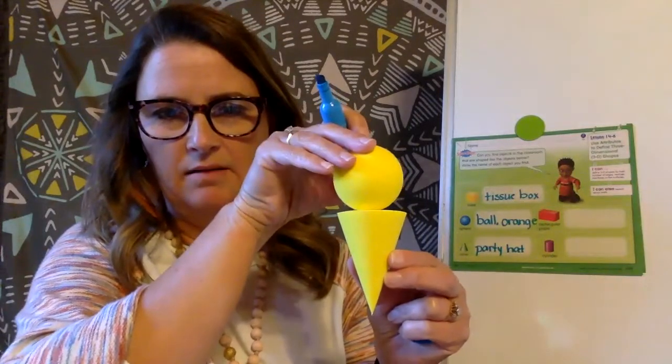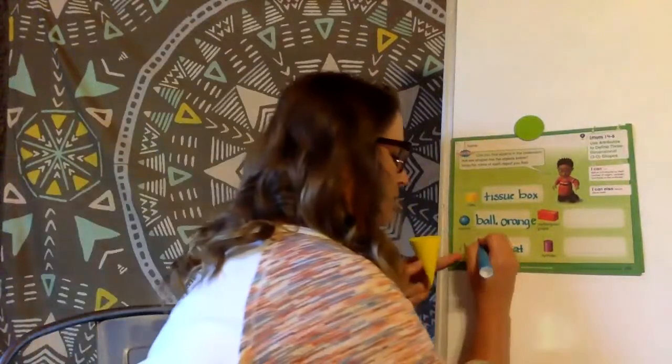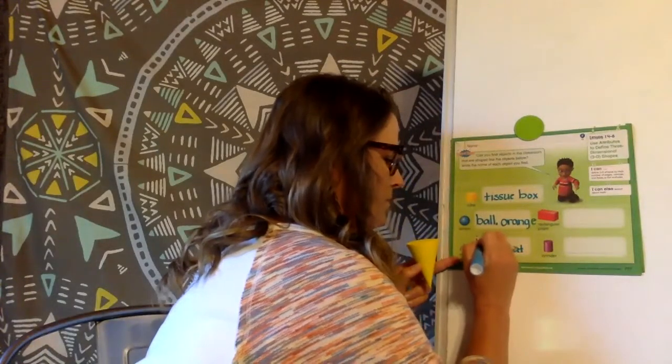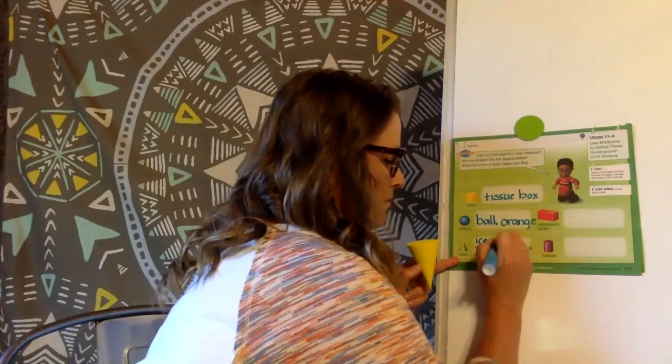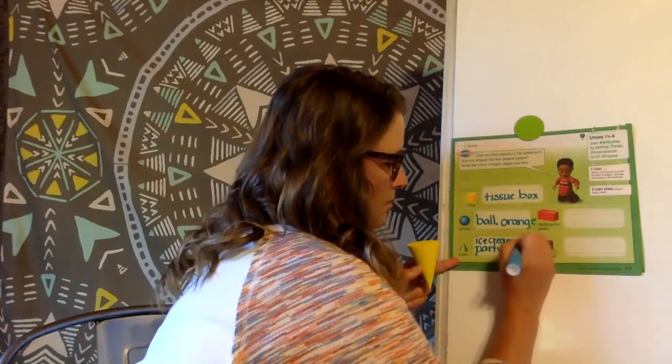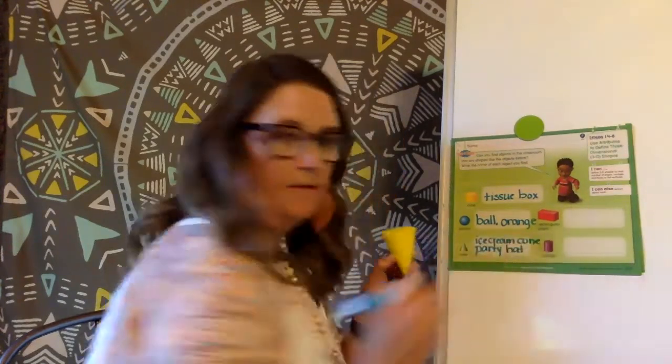What could that be? What could this shape be? If you said an ice cream cone, you're correct, okay? I could have an ice cream cone at my house shaped like that. Okay, so that's another shape we're going to talk about today.